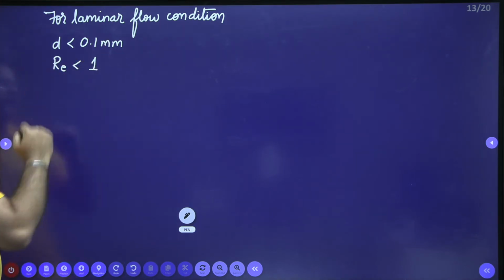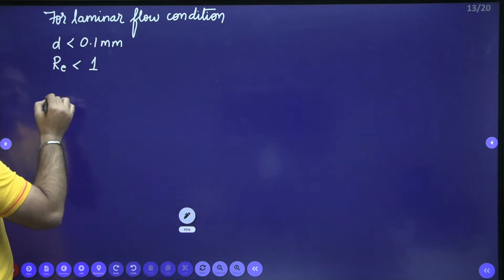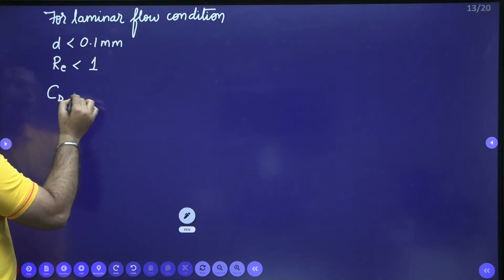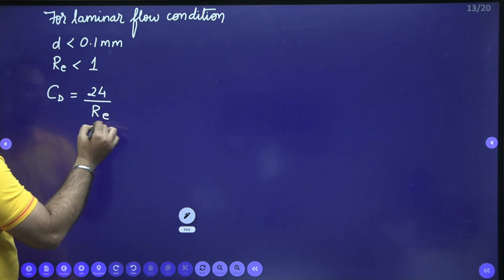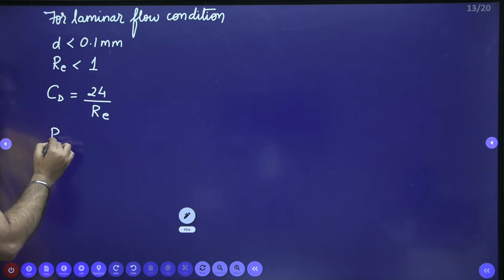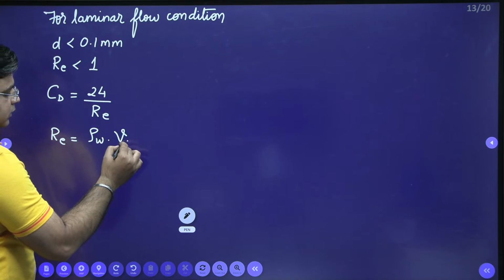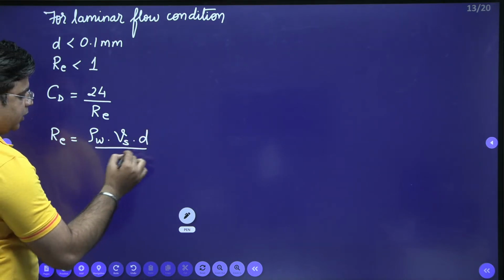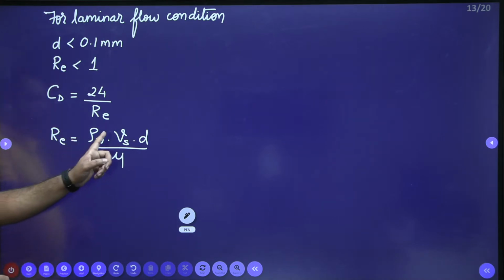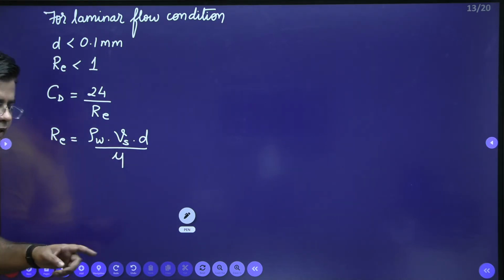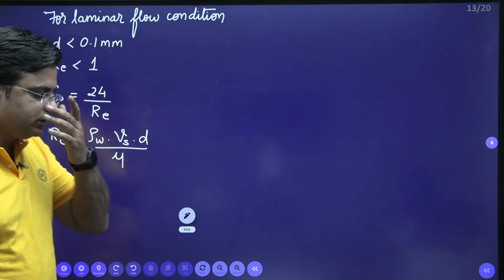If these two conditions are there, then for laminar flow condition, CD is equal to 24 by Re, and this Reynolds number Re is equal to rho w Vs into d by mu. Vs is the settling velocity and d is the characteristic dimension, which is diameter d.